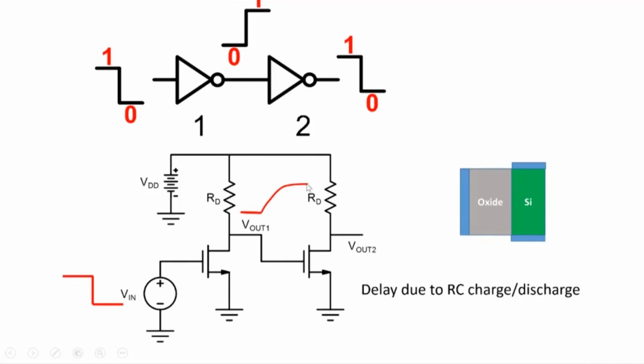Similarly, if it were high and you wanted it to go to low, it will also discharge through, for example, the MOSFET, and the MOSFET also has resistance in it. So both charging and discharging result in delays.